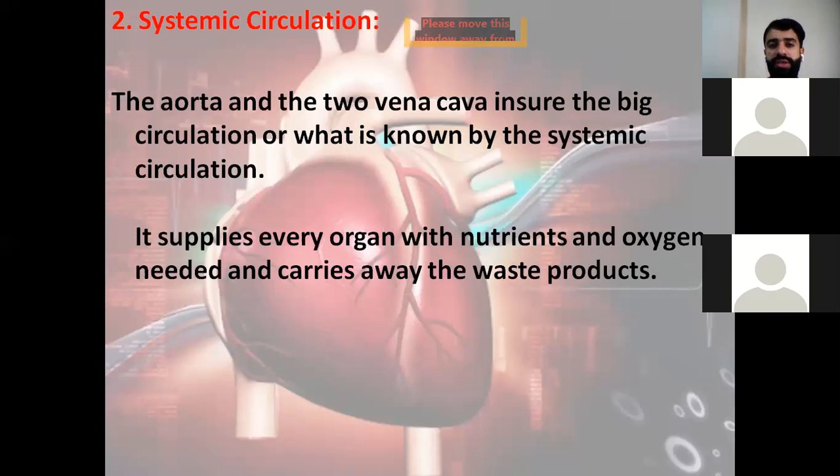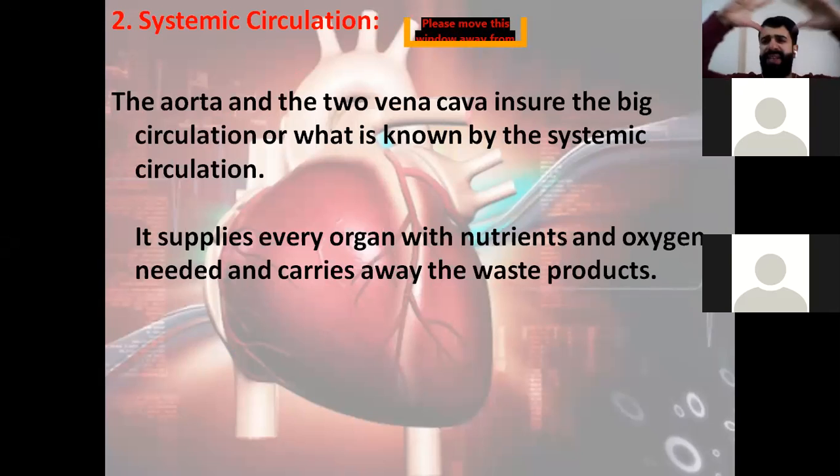Systemic circulation. Systemic is the big circulation or the large circulation. The aorta and the two vena cava, which are the inferior and the superior vena cava, ensure the big circulation, or what's known as the systemic. What is the role of the systemic?